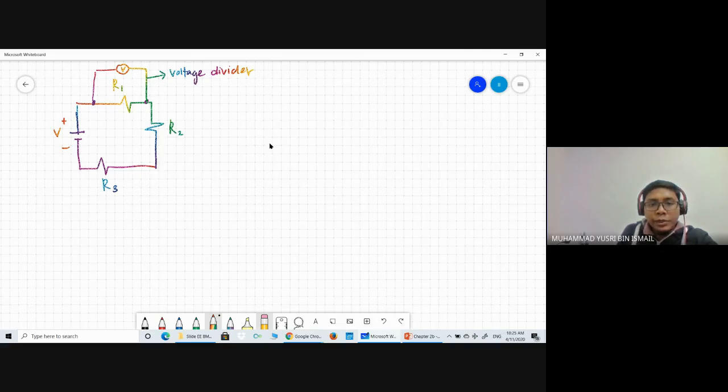So in a series circuit, we know that the total voltage is equal to V1 plus V2 plus V3. So here there's a V2, and then here is V3.